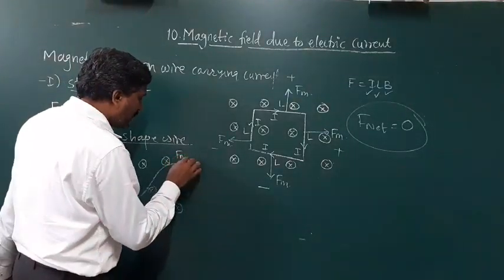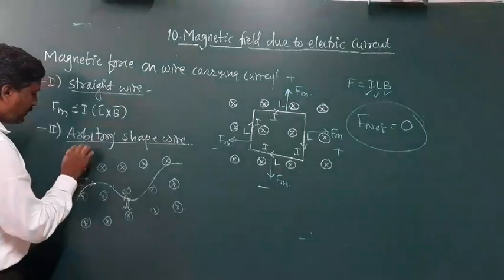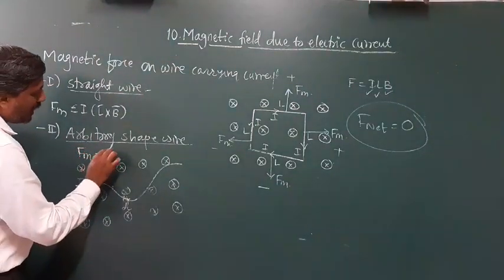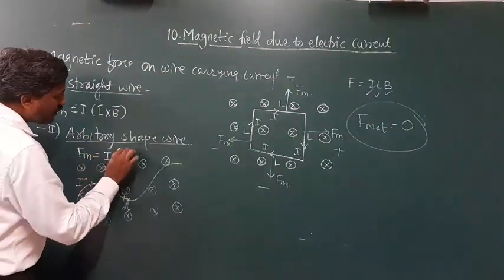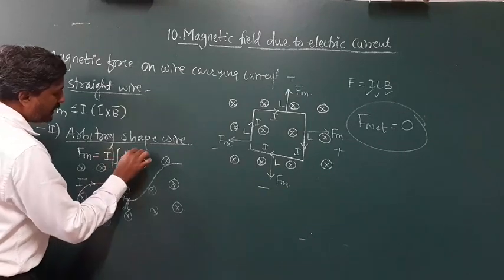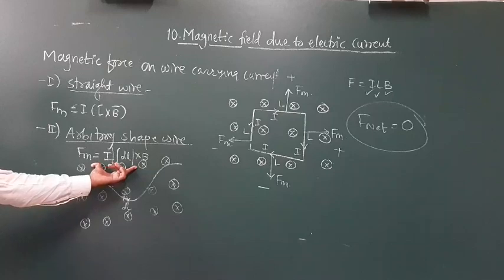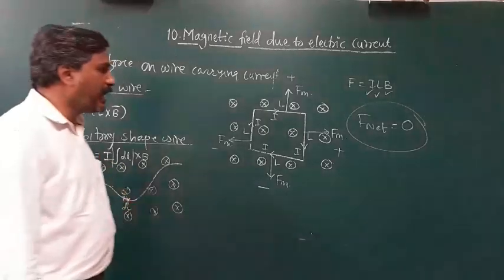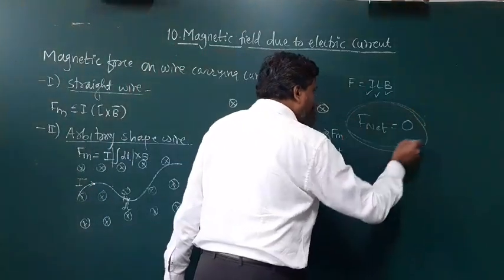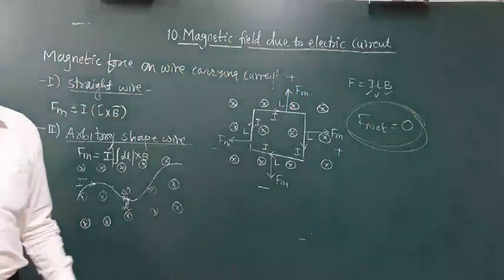You can mention in your formula at this side: magnetic force equals I integral of dl, taking the magnitude, cross B. This is the formula for an arbitrary shaped wire. And for a closed wire, the net force is 0.